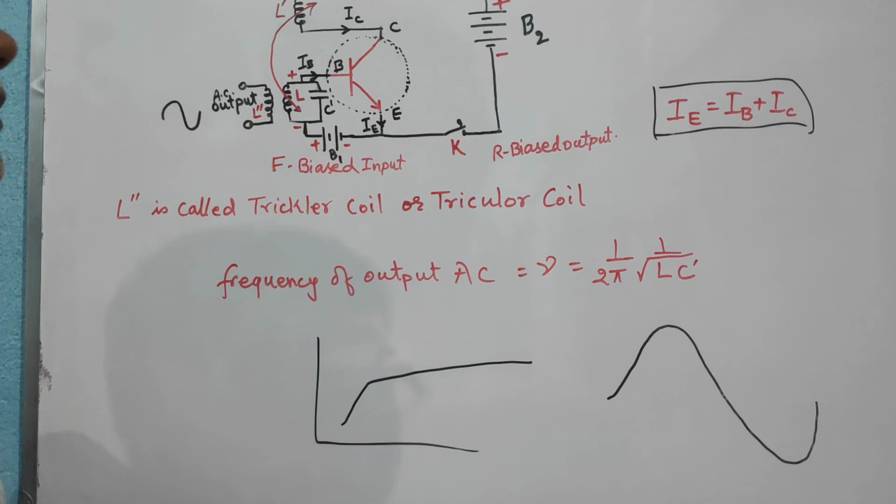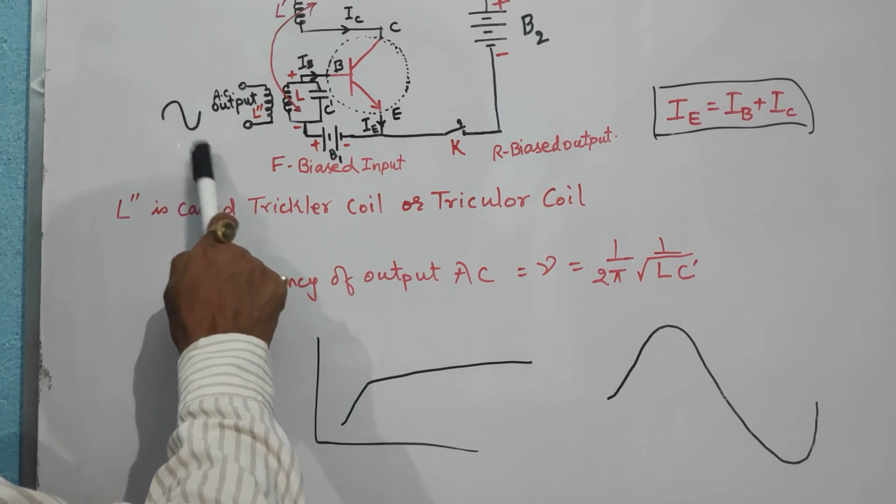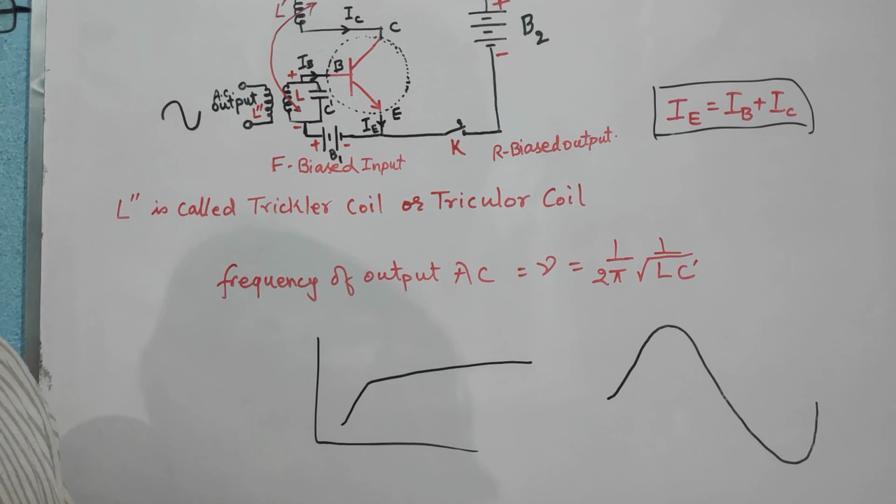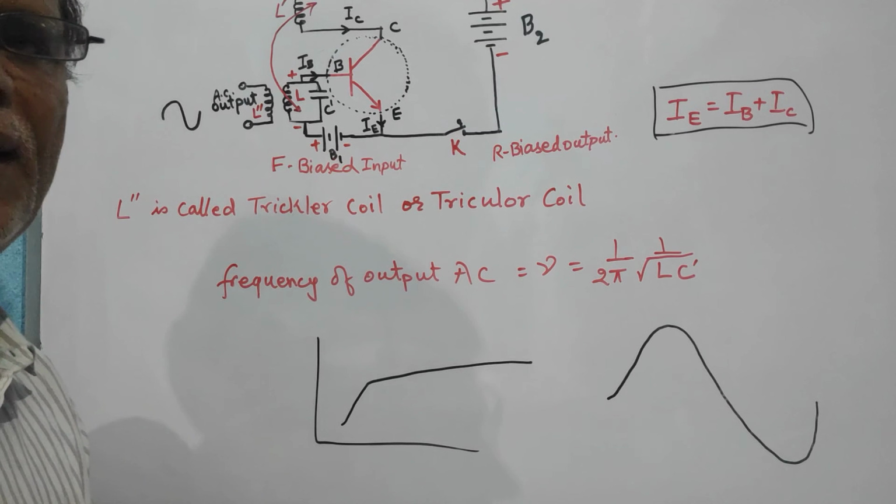Now if you want to use it for large purposes, we take a transistor of greater capacity to handle high powers, and also we amplify the voltage by using a transformer to amplify AC.